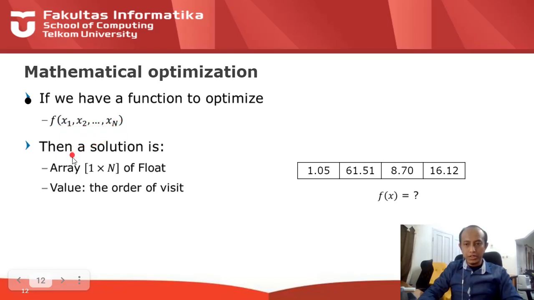So our solution is an array of n floating point numbers. For example, an array of 4 floating point numbers is 1.05, 1.51, 8.70, and 16.12. After that, we can calculate the result of the solution by evaluating the F equation based on the solution numbers.